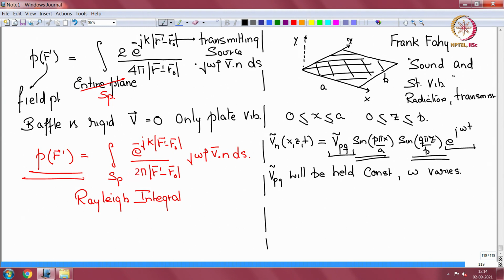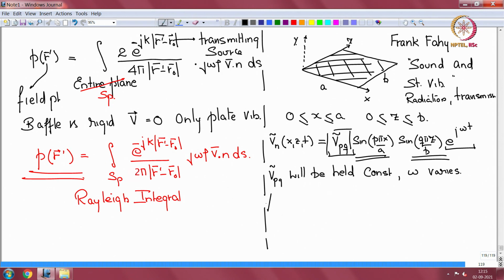Normally if omega varies, the modal amplitude will change with frequency. If you go close to a resonance, it will go up. If you move away from a resonance, it will go down, etc. But we are not going to do that in this line of thought. vpq is going to be held constant. There's a reason for that, and it will become clear a little later.